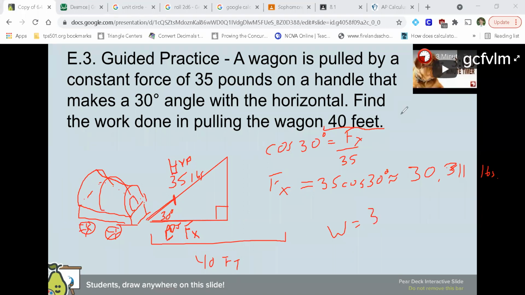So 30.311 times 40. That gets us 1,212.436 foot-pounds. And then we could convert that to joules, right?